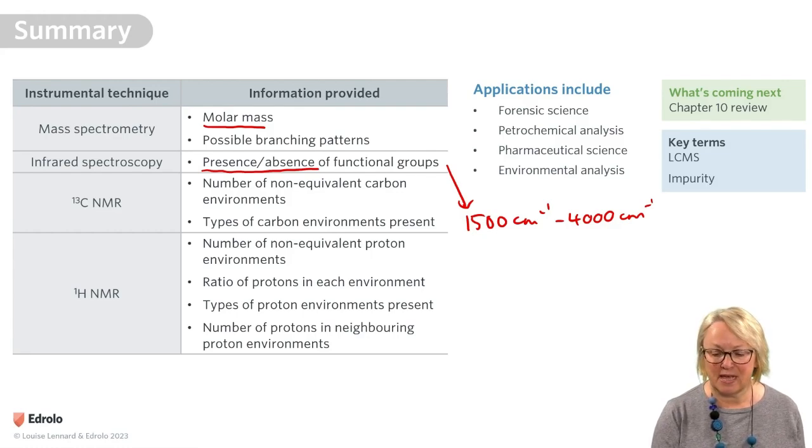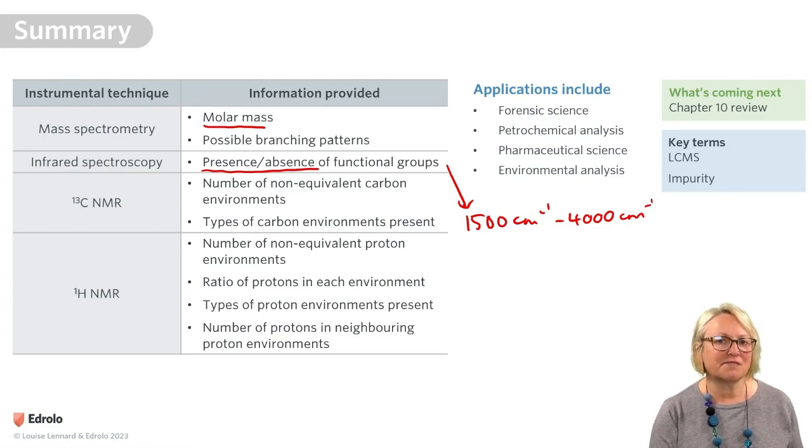And proton NMR, the number of non-equivalent proton environments, which looks at the ratio of protons in each environment, the types of proton environments present, and the number of protons in neighbouring proton environments. Applications of all these techniques include forensic science, petrochemical analysis, pharmaceutical science, and environmental analysis.